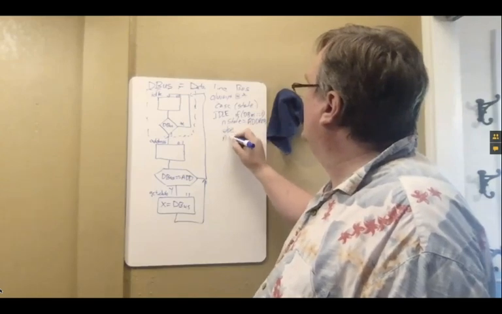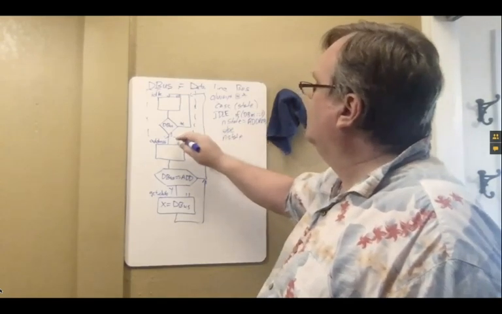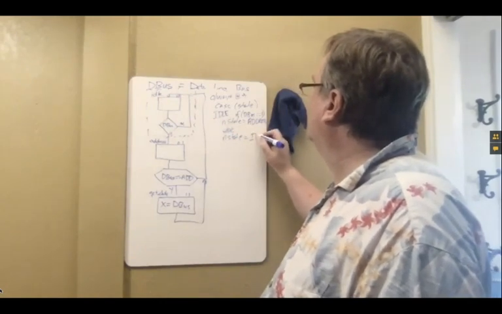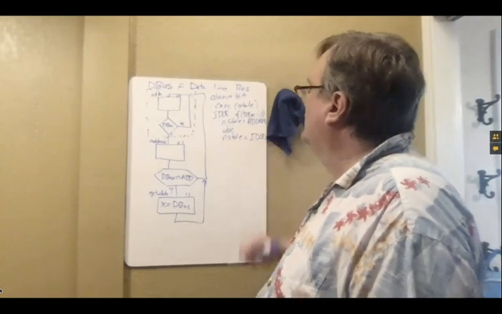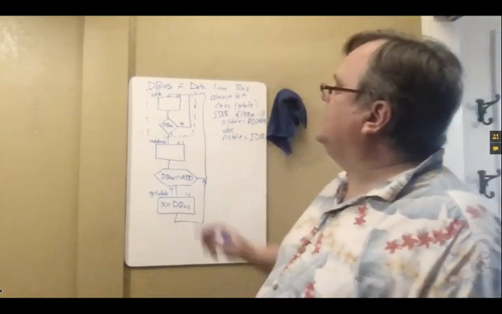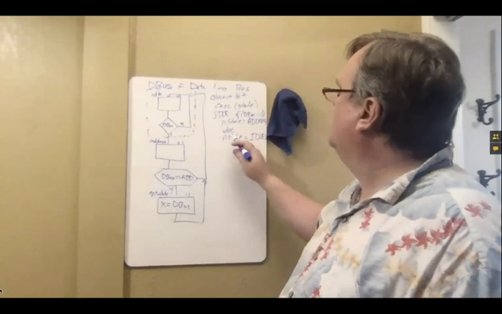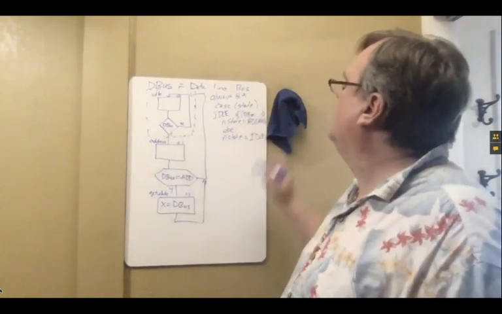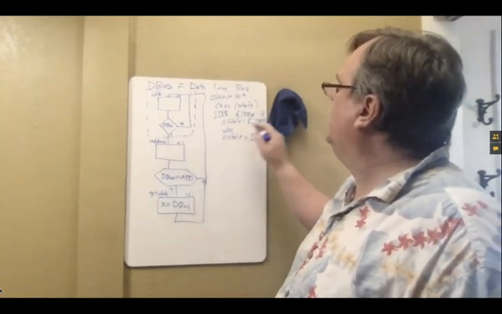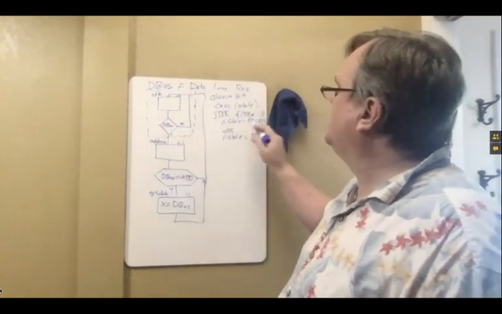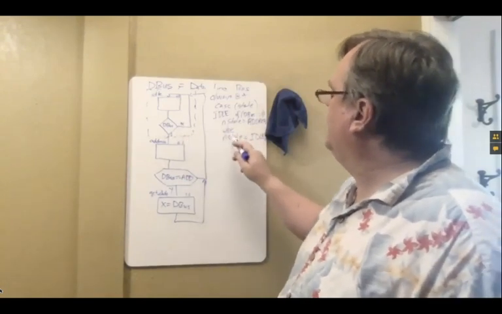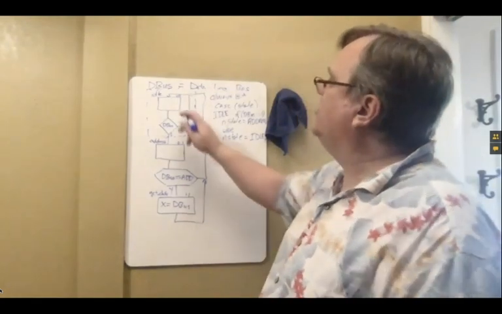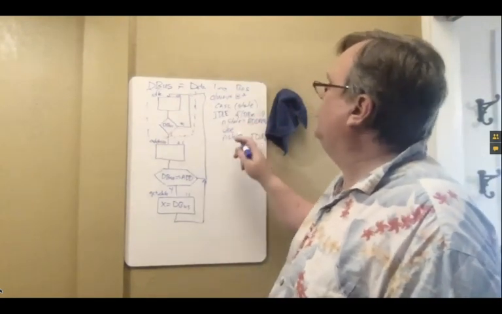Else, my next state is still idle. So we can see this is just an if statement. So I replace it with an if. Whatever's inside is the thing I have to check. Am I going to this one, in which case my next state is address, or am I doing everything else, which means it just loops back around. So I could turn this picture into code in an instant.